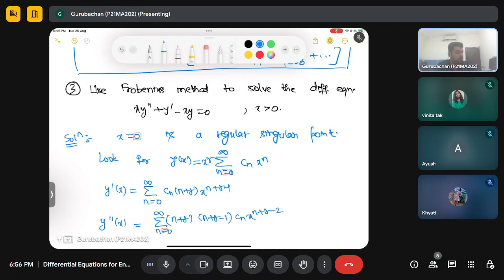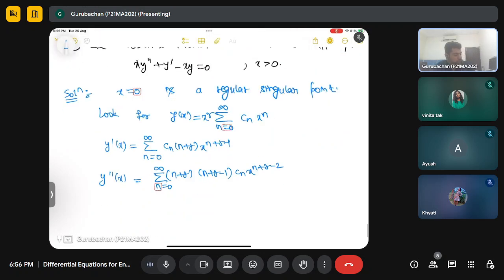Okay. Now we'll put these values in the given differential equation.